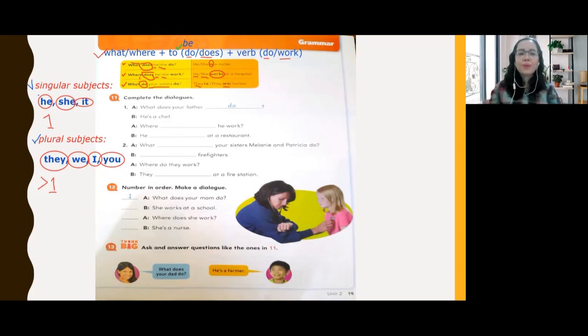How do we know that your sisters are more than one person? Because it ends with, somebody knows? Yeah. At the end of the word sister, there is the letter S. So it shows us that there is more than one sister.